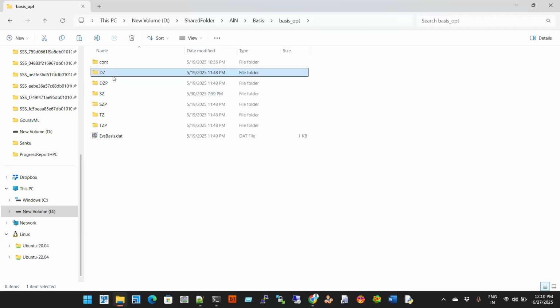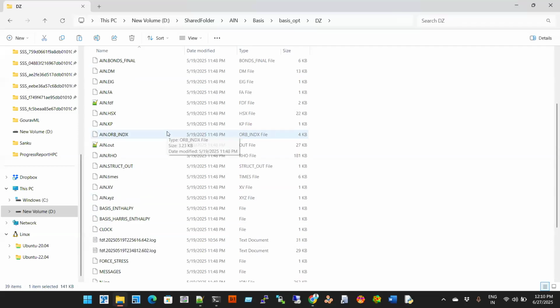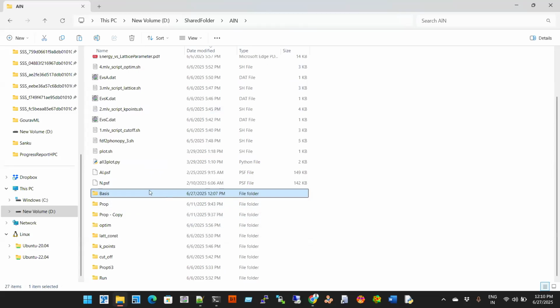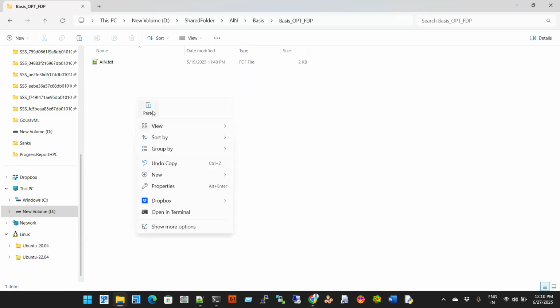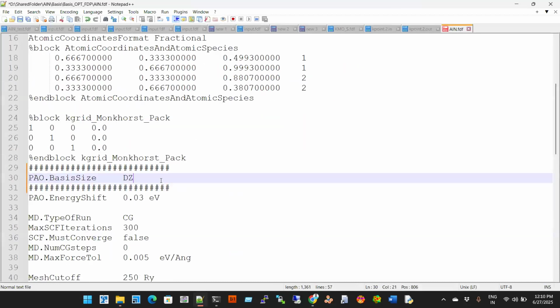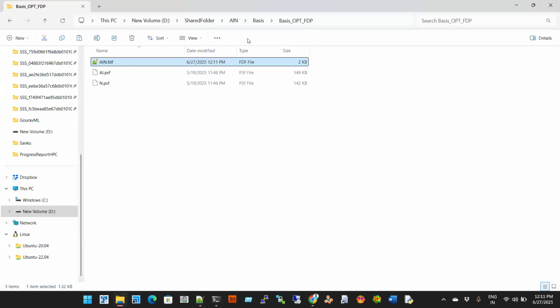I am taking the corresponding PSF files in the directory. First of all, we want to calculate the SZ and corresponding energy value. Then accordingly, I am trying to save the FDF file. This one is for SZ. I am creating a folder called SZ.